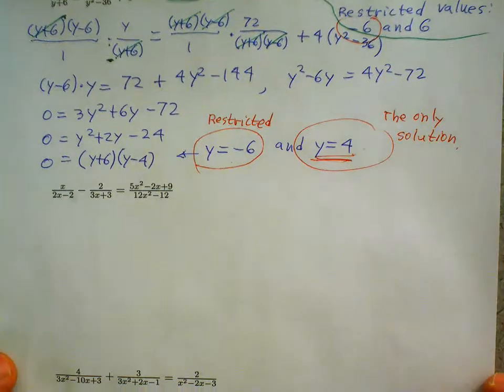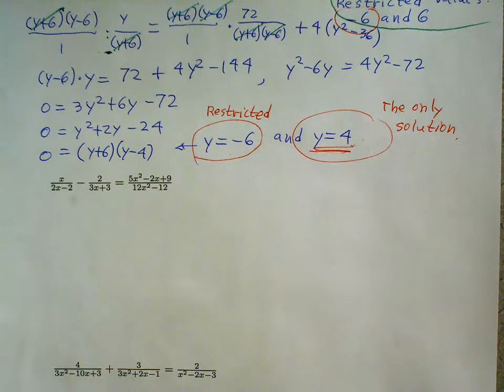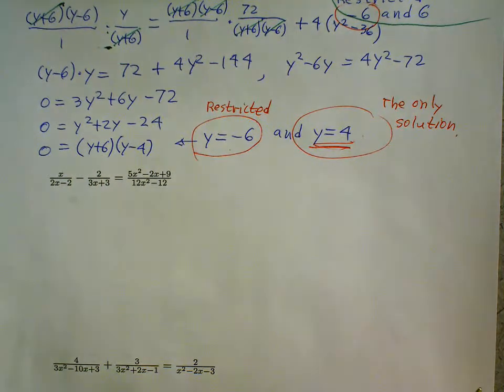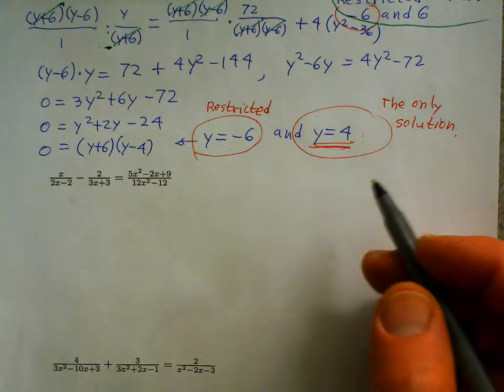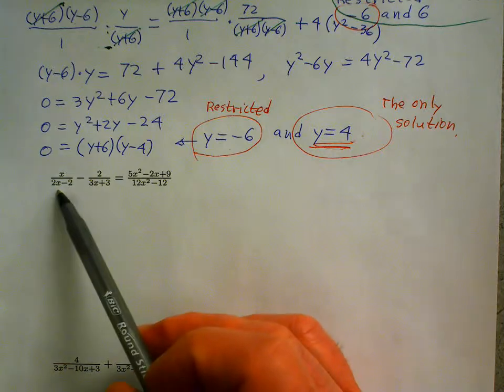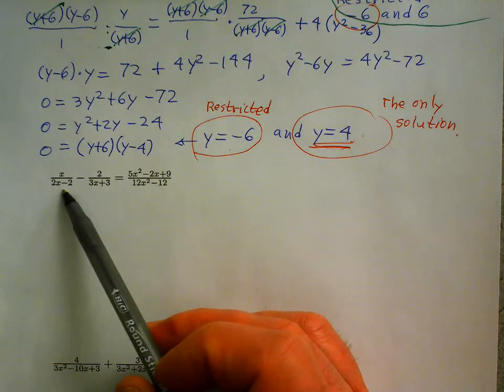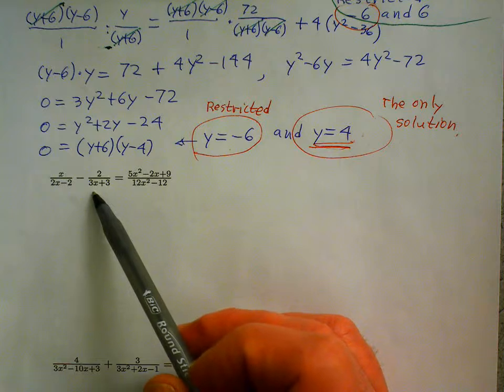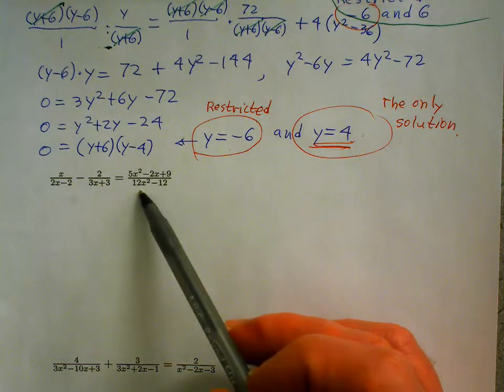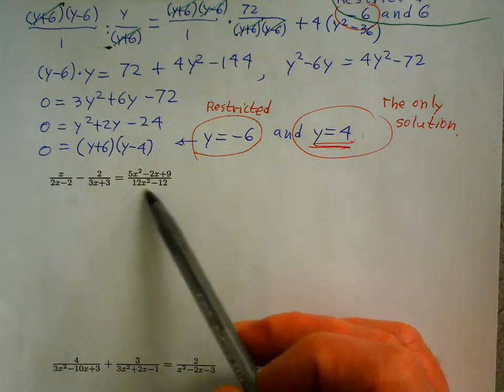Hey, let's try the next one, at least get started on it. So the three denominators, 2x minus 2, 3x plus 3, and 12x squared minus 12.